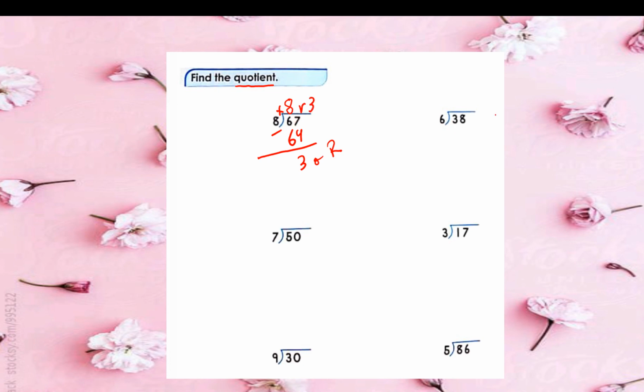Great job. Now you have 38 divided by 6. How to divide it? I think of a number that if I multiply it by 6, the answer will be 38. We don't have this number. So I think of another number that if I multiply it by 6, it will give me a number less than 38. What is the number?